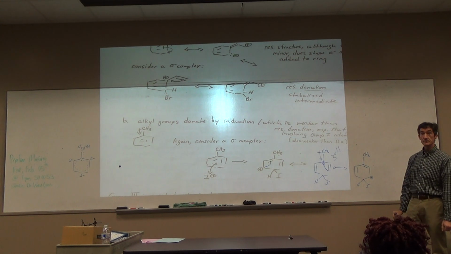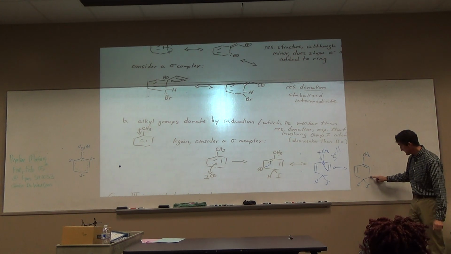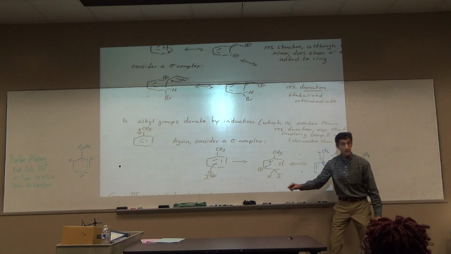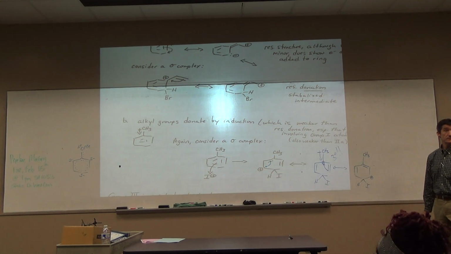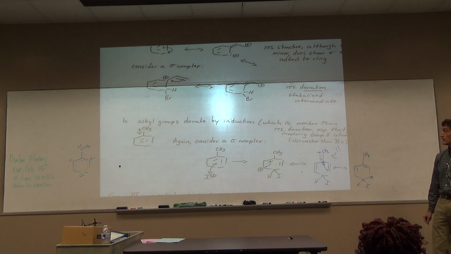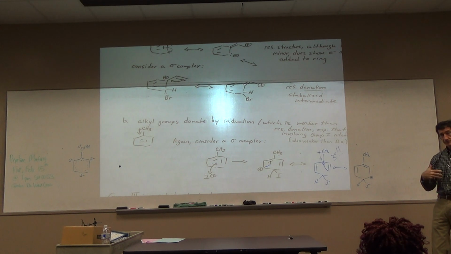Now we can make this even better if we had a methyl at each position. If we had a methyl here, here, and there, that makes all your cations better. And 3 methyls would be better than 1. But 1 methyl is better than 0 because methyl is a weak donator, but induction is a weaker effect than resonance.